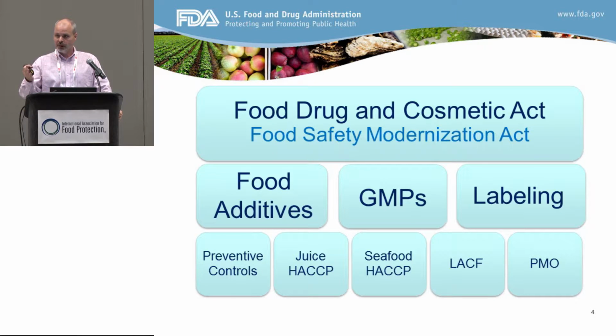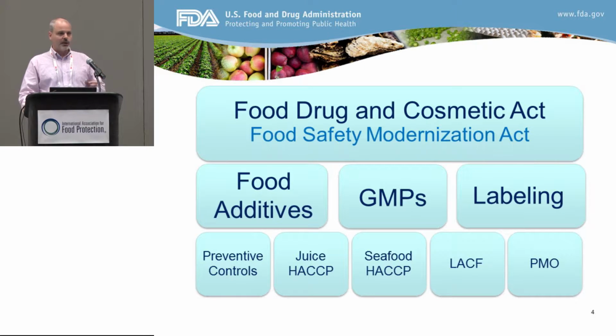So, two main acts here are the Food, Drug, and Cosmetic Act and now the new Food Safety Modernization Act. From these, we have overarching regulations on food additives, GMPs, and labeling, apply broadly to all foods.